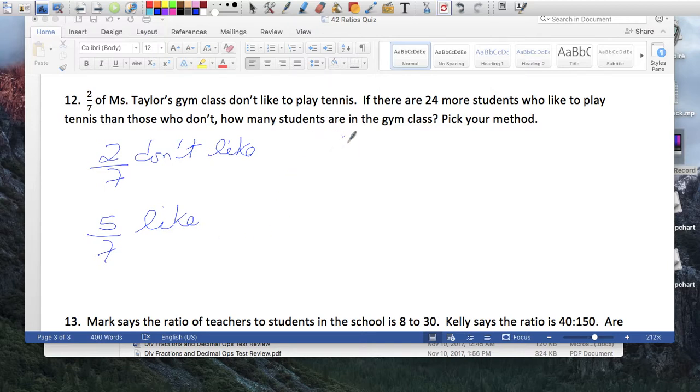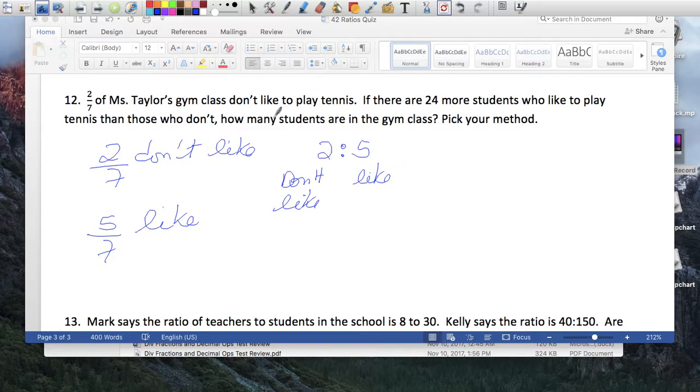Now what's my ratio? I can actually write a ratio from that. I can write a 2 to 5 ratio. 2 people don't like tennis to every 5 that like it. So just from this information right here, I got that the other 5/7 like tennis.